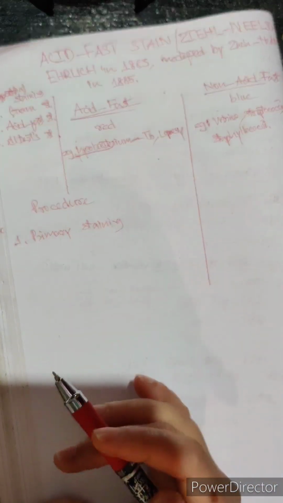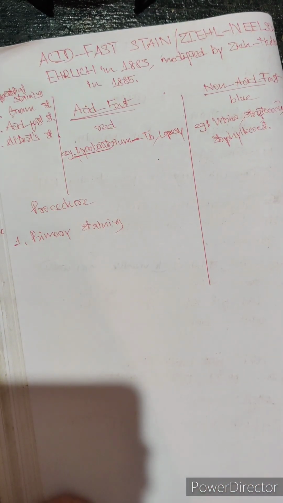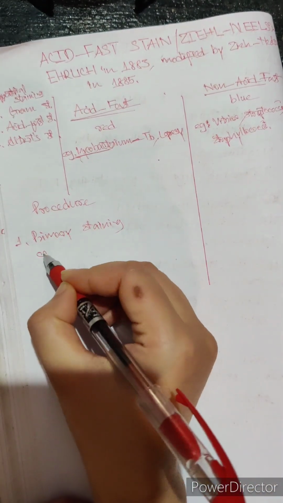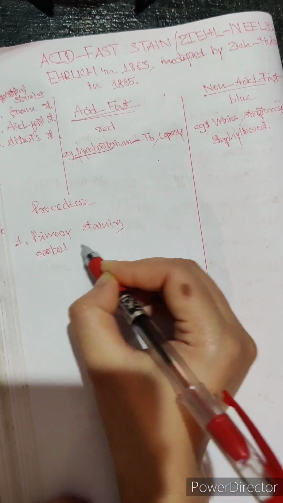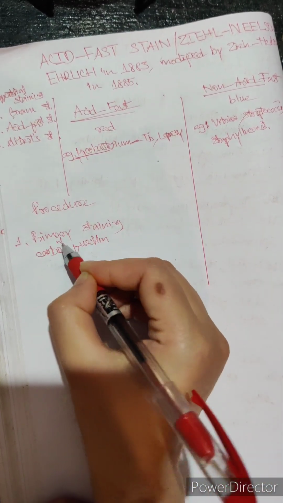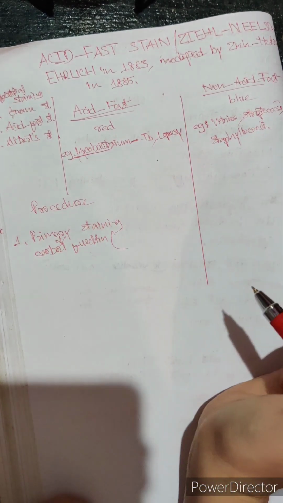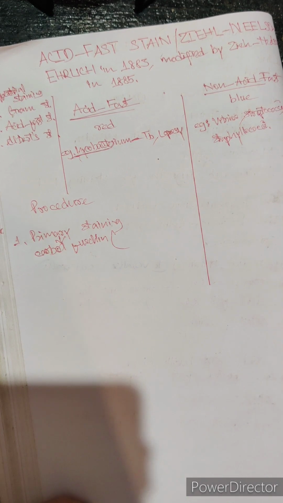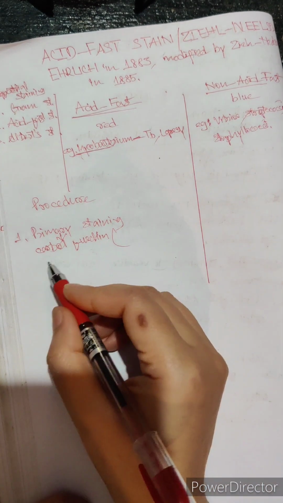After flaming, we cover the smear with carbol fuchsin. Carbol fuchsin is the primary stain. If you have seen my Gram staining videos, the primary stain there was crystal violet, but here we use carbol fuchsin.